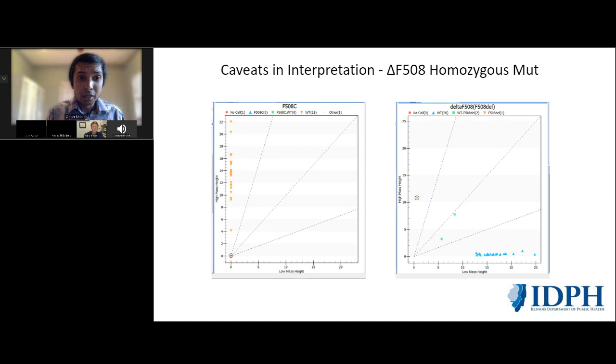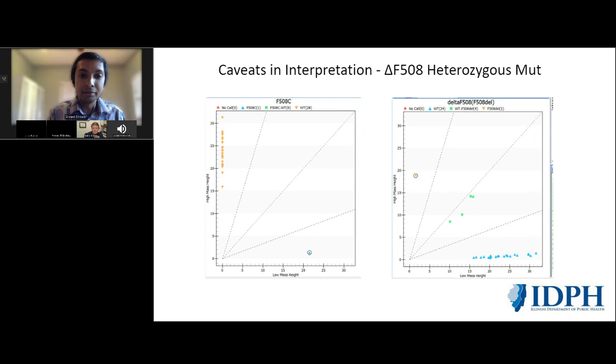However, because we had to ignore the F508C mutation at the time, we had mistakenly called out something as homozygous 508 deletion. However, going back to the data, when we unblinded the F508C, we noticed that that wasn't the case. This one actually did have F508C present, and so instead of a homozygous, we had to fix that call out to make sure and correct it as a heterozygous mutation.